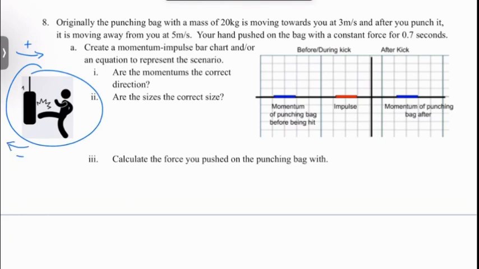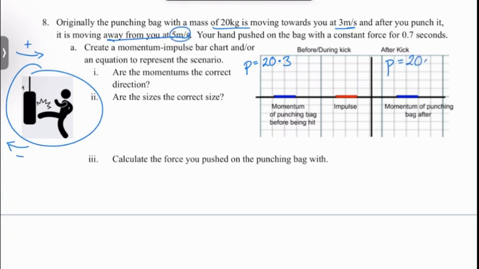All right, so originally it was moving with a momentum that is its mass, which is 20, times its velocity, which was 3. And after, the momentum is going to be moving away from you at 5 meters per second, and the mass will still be 20.